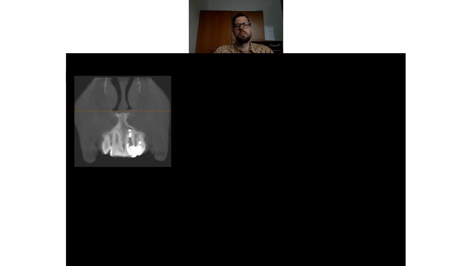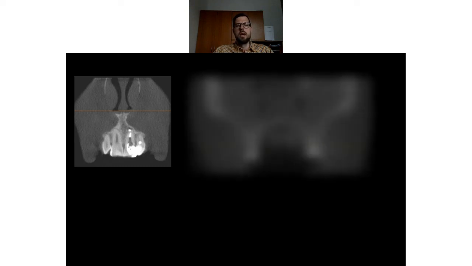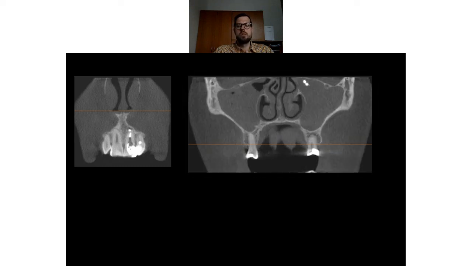we did a CBCT before the implant with a large field of view or medium field of view. And as you see, as we went through the CBCT, we discovered that this patient has a big problem, and maybe you can see it.